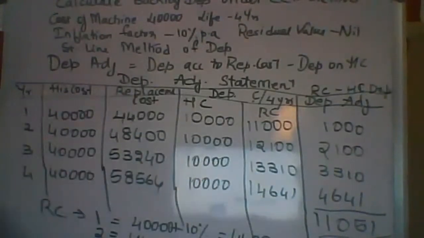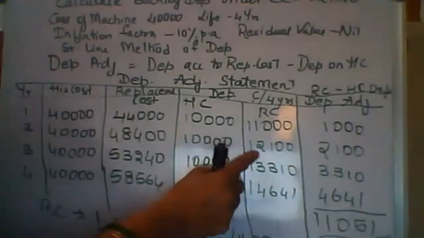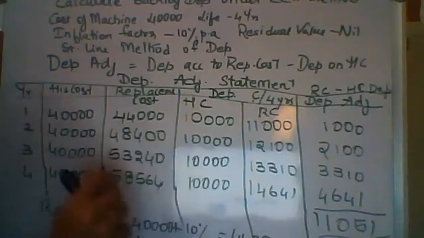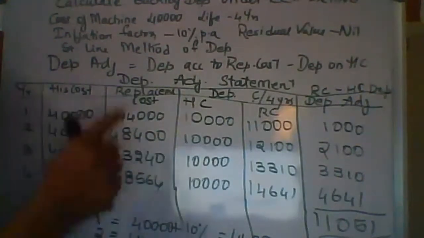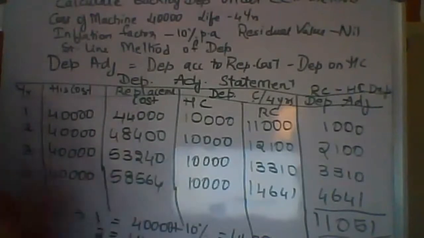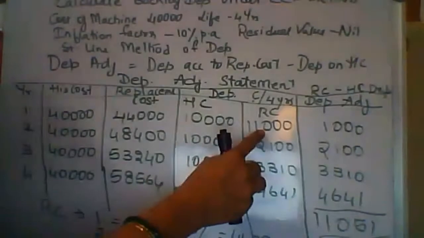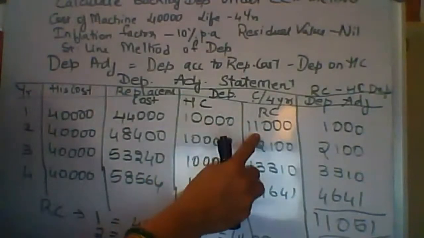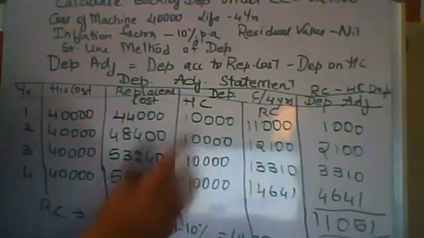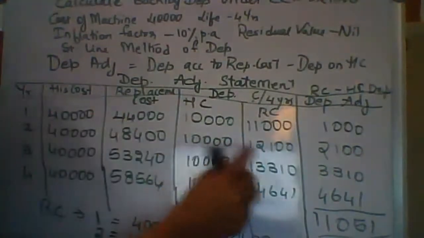Now, understand, 12,100 you have done according to the inflation in the second year. Now imagine if I would have applied 48,400, that is the 10% inflation of the first year and 10% inflation of the second year. 2 years there is inflation. Yes or no? Here what is happening? When I am taking the first year, I am taking 1 year's inflation factor. In the second year, only the second year's inflation factor.